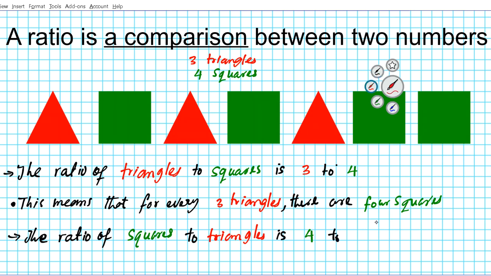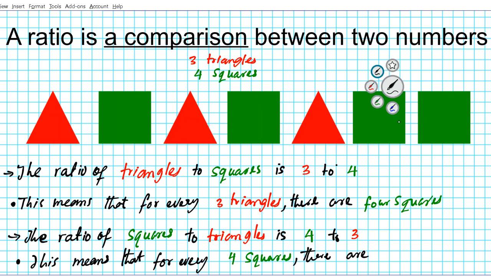Now, what does this mean? If the ratio of squares to triangles is 4 to 3, let's write down what that means. This means that for every 4 squares, there are 3 triangles.